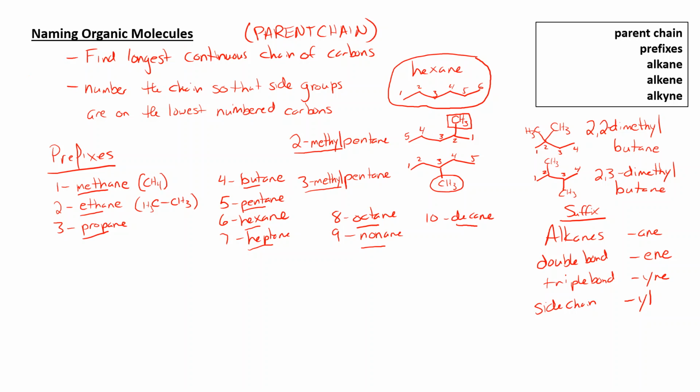Number two, number the chain so that the side groups are on the lowest numbered carbons. And then the third thing to do is to list the side groups with the appropriate numbering.